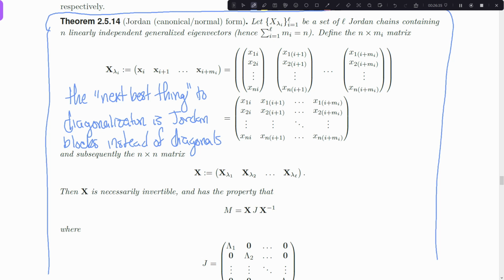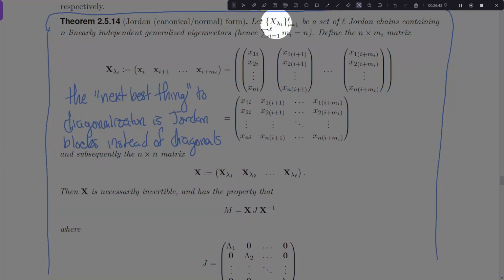Okay, because what's going on is we're going to do the same thing that we did for diagonalization. If I have a Jordan chain, so I'm going to grab my Jordan chain, and for each Jordan chain, I'm going to construct a matrix. X sub lambda i. That's the Jordan chain associated to the very specific eigenvalue lambda i. It's going to be the vectors in the Jordan chain, and they're going to construct a matrix for me. Now let's notice really quick the size of this matrix.